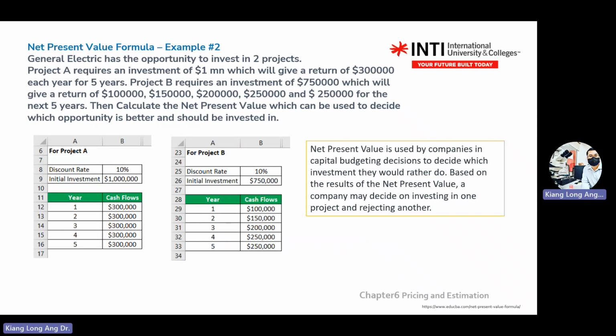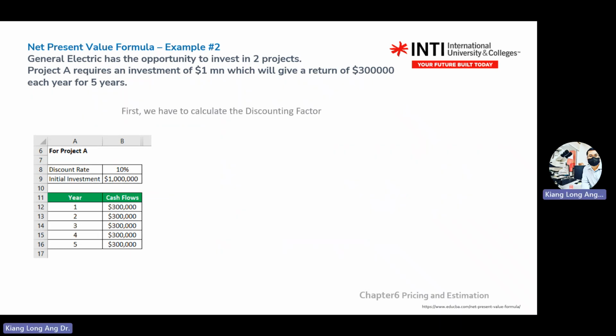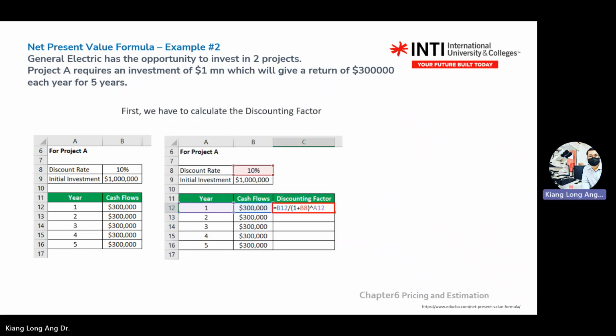This is the second one. Looking at the first one, again, how do you calculate? You take the cash flow, or the future value of 300K, divided by 1 plus interest, raised to the power of the year.